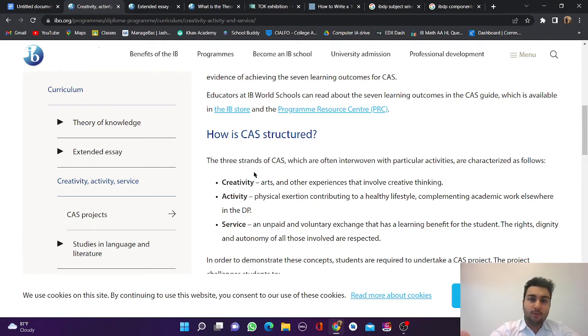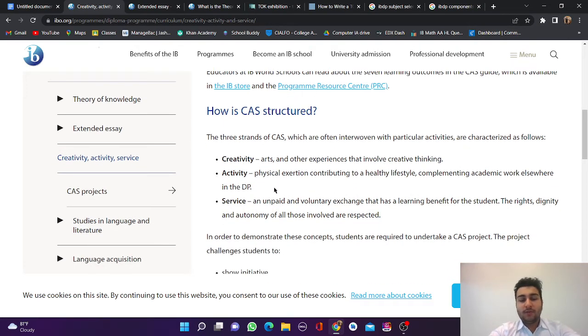Maybe you have done a course in, say, a new programming language that has increased your thinking skills, or you have, say, attended an MUN or a debate which has benefited your people skills. So that would be counted under creativity.